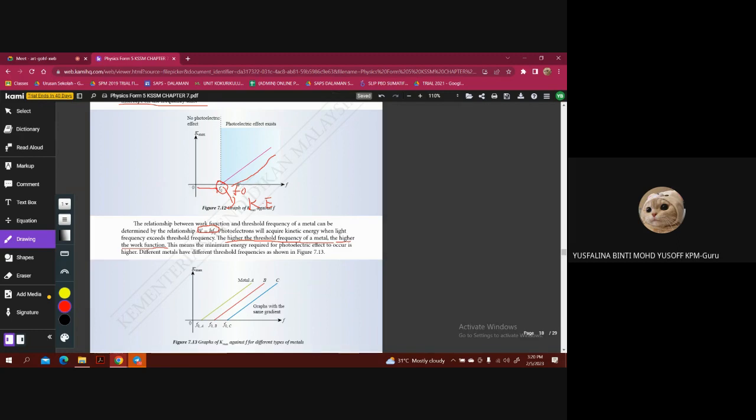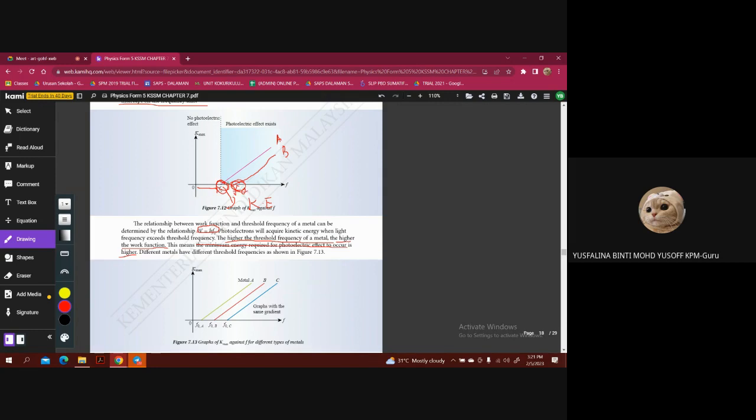Let's say I have a metal A and a metal B. Metal B will need more threshold frequency to make sure the photoelectron comes out of the metal, compared with A. So you need to know how to read the graph. This means the minimum energy required for the photoelectric effect to occur is higher, so at this part you need more energy.